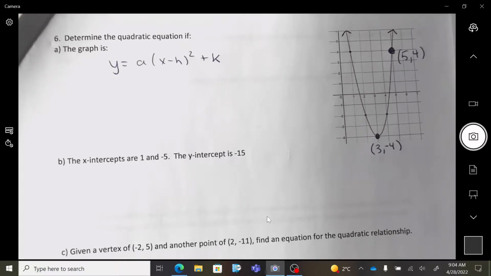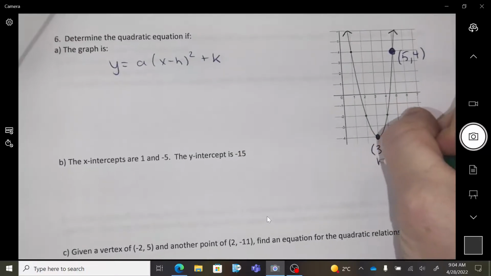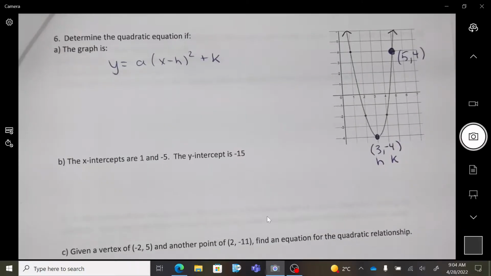Okay, we're going to start to plug in. So which letters associate with a vertex? Which letters are going to be the vertex? That should be H and K. So these are going to go into the H and K spots.